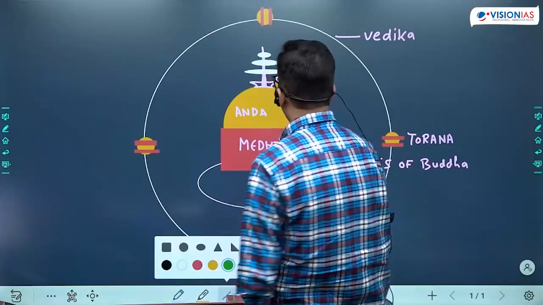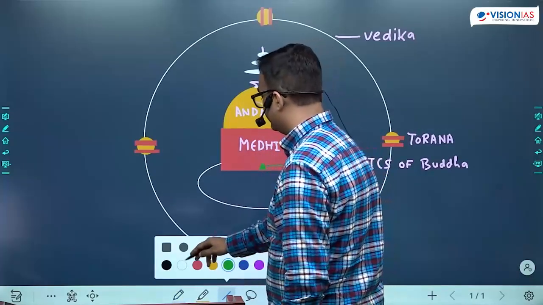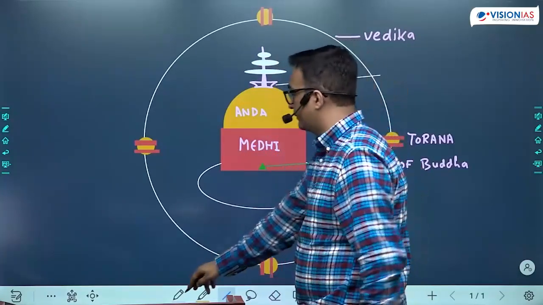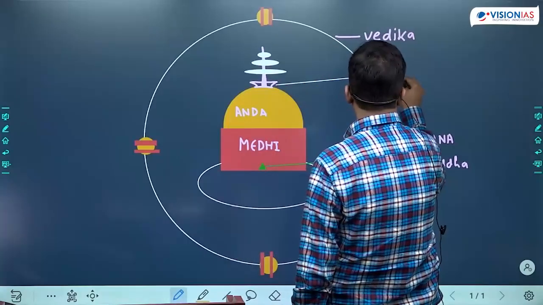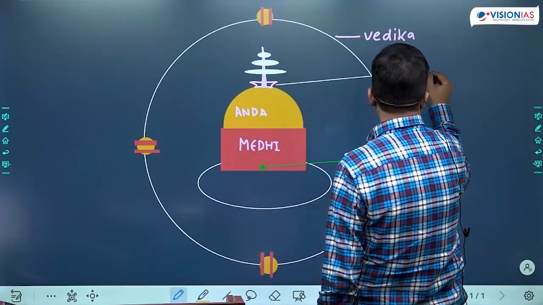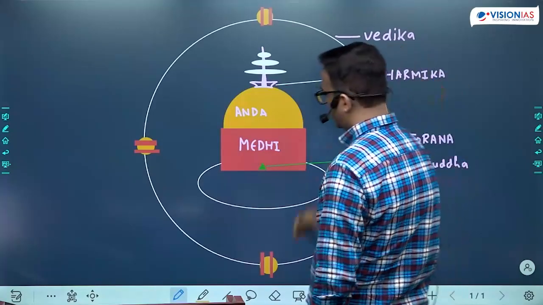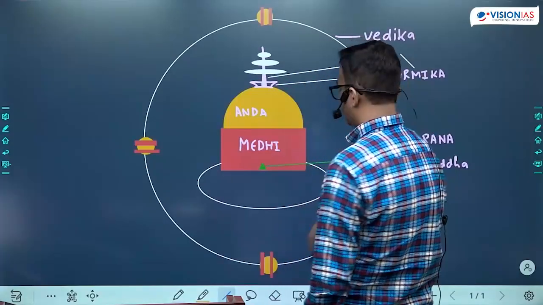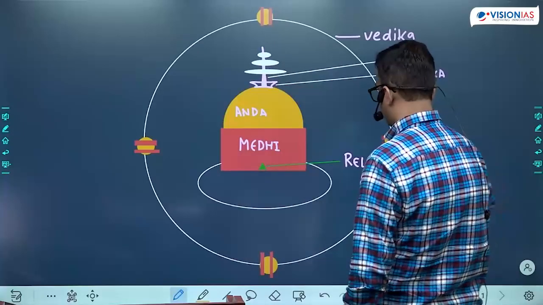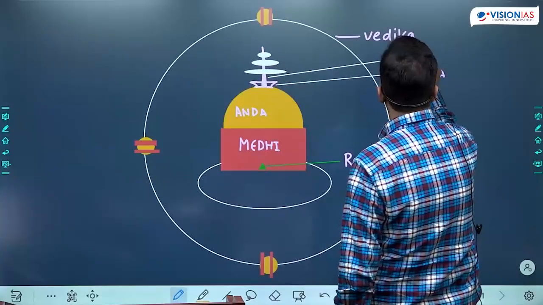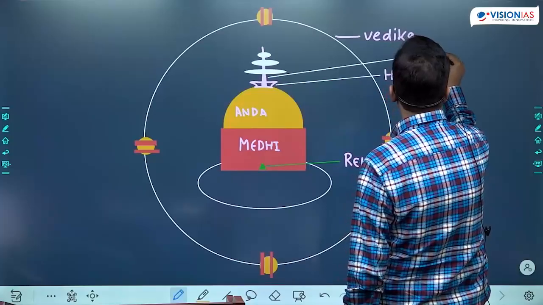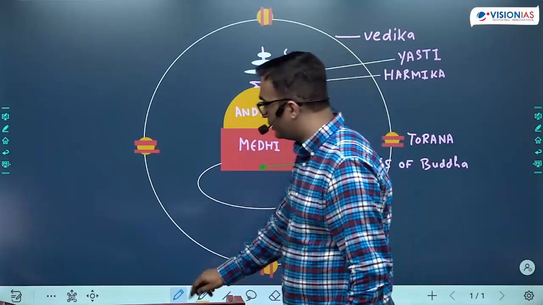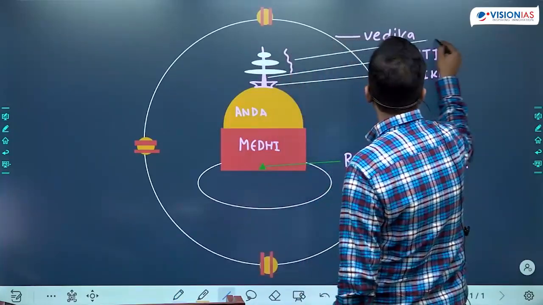Then this one is Harmika. Yasti. And combinedly, these three are Chhatri.